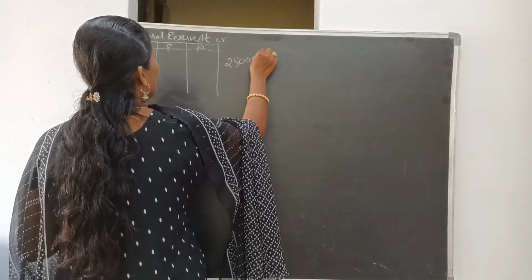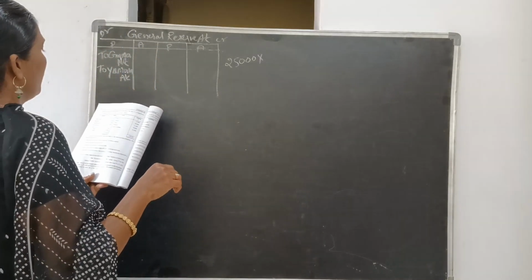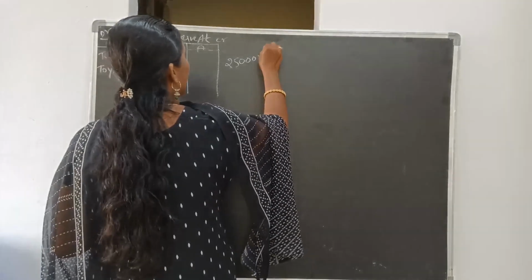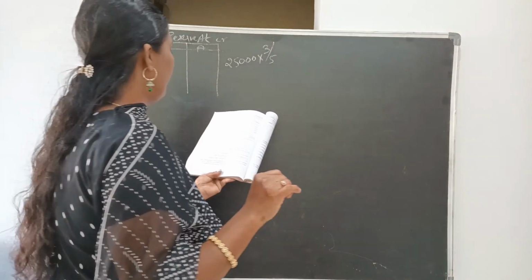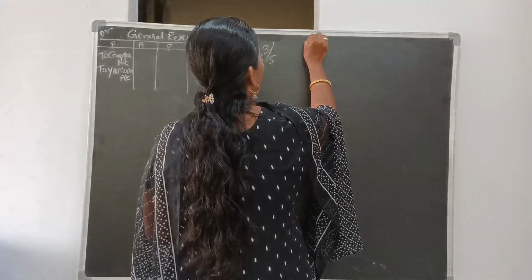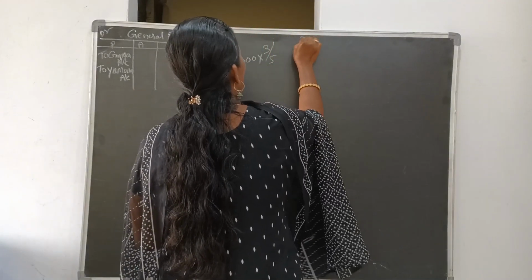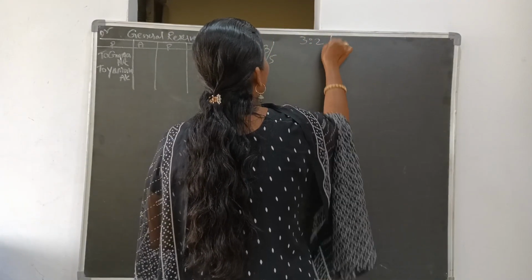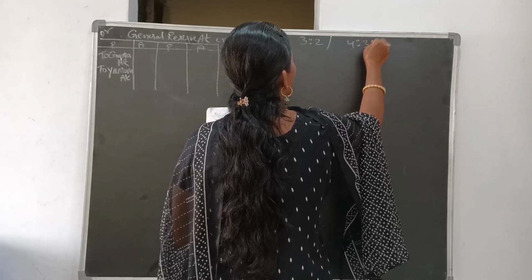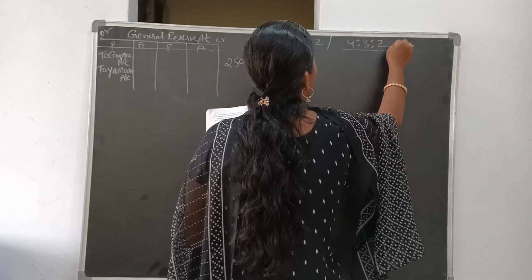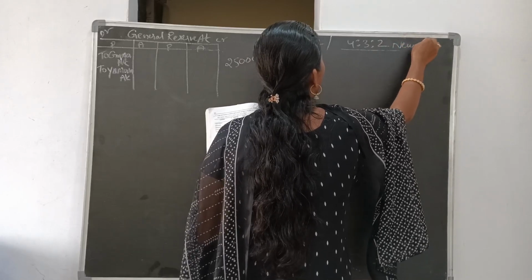This 25,000 we are going to distribute among the old partners in the old ratio 3:2. So in this problem, ratios are very important. 3:2 is the old ratio and 4:3:2 is the new ratio.